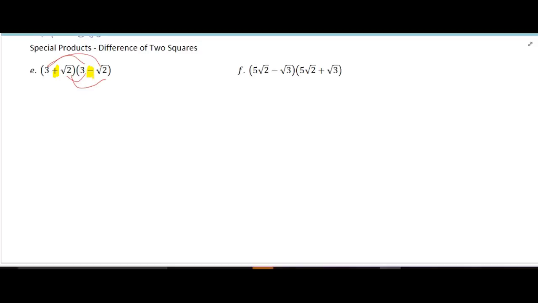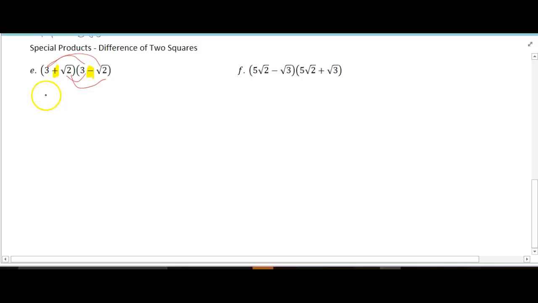I'll show you why it's called that in a minute. When you have two brackets with exactly the same numbers in them, but with a plus and minus, multiplied together, it's called a difference of two squares, and the middle two terms cancel out. So there are only two terms in the end expression.